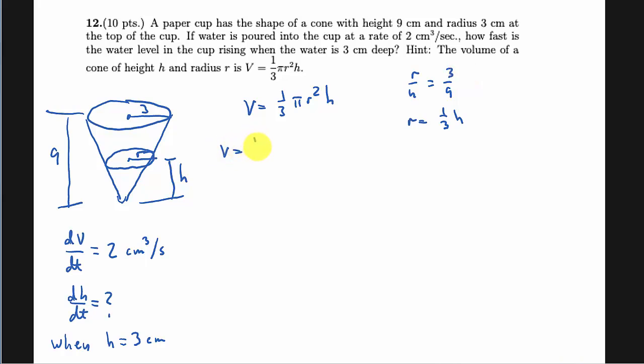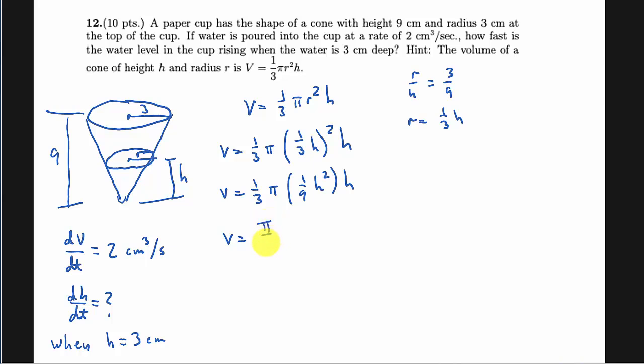So I've got volume is 1/3 pi times (1/3 h) squared times h. So V is 1/3 pi times 1/9 h squared times h. So V is pi over 27 h cubed.